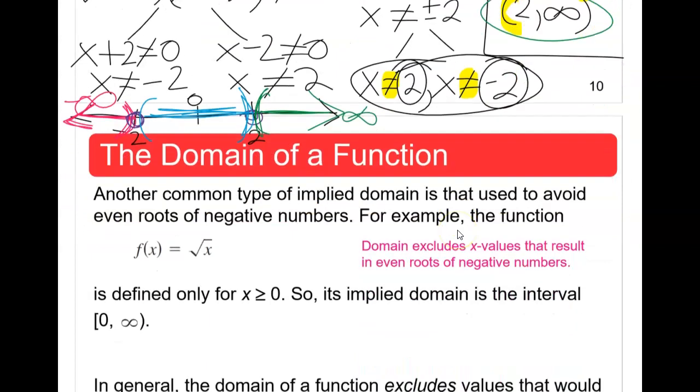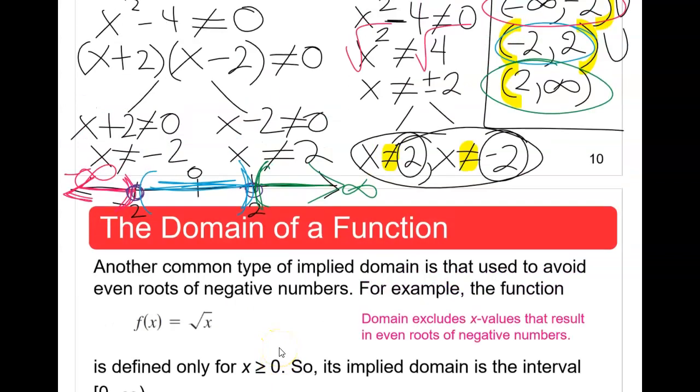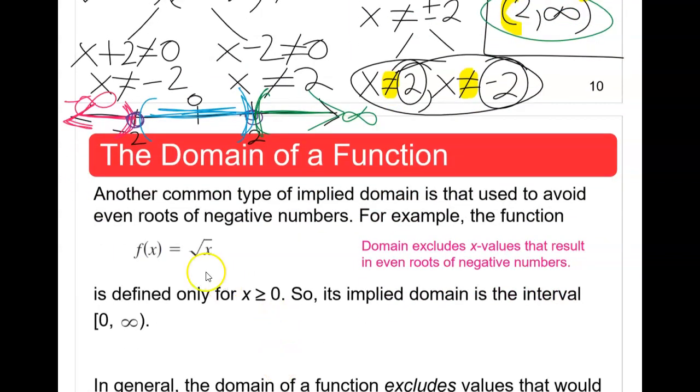Okay, another function that is extremely picky, well, not as much, I don't know, is the square root function. And this applies for any type of even roots because we have to exclude x values that will give us a negative inside the root.